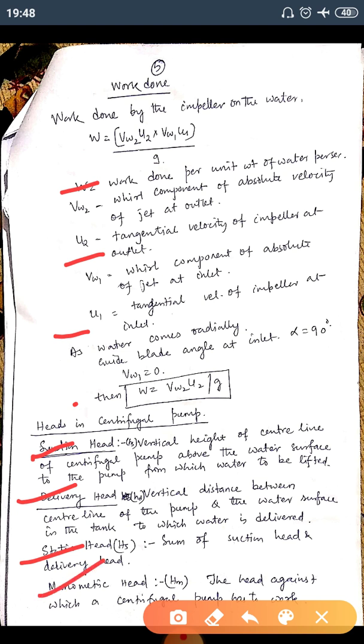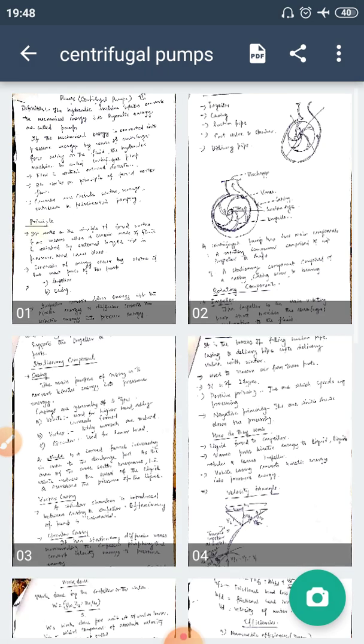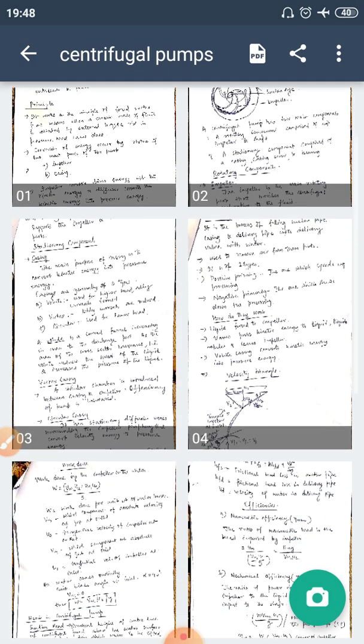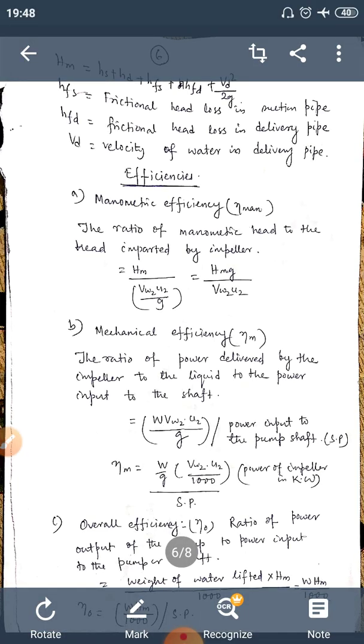Then the manometric head. Manometric head is the head against which a centrifugal pump has to work, that is equal to Hm equals Hs plus Hd plus Hfs plus Hfd plus Vd square by 2g.